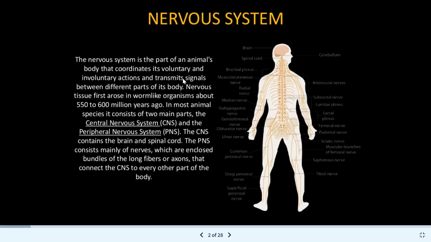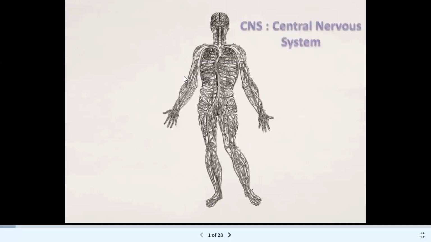Nervous tissue first arose in worm-like organisms. It means it is spreading throughout the body, as you can see in this figure, which reveals the worm-like representation throughout the body.